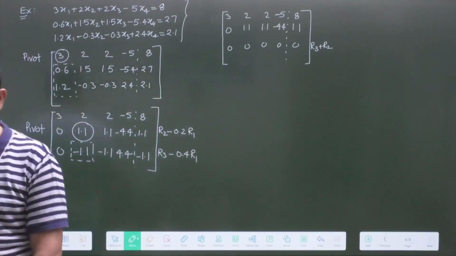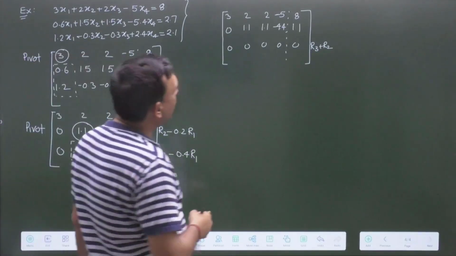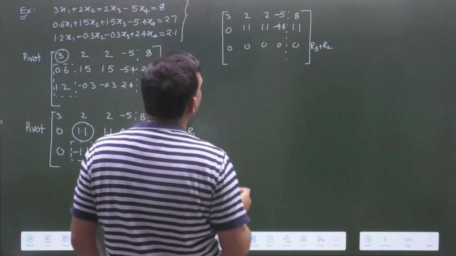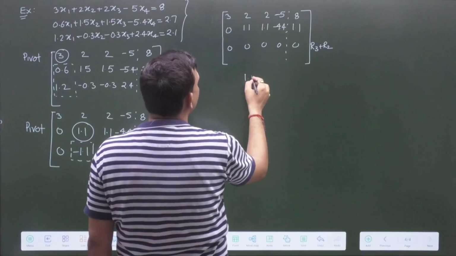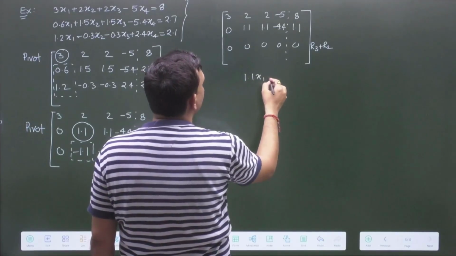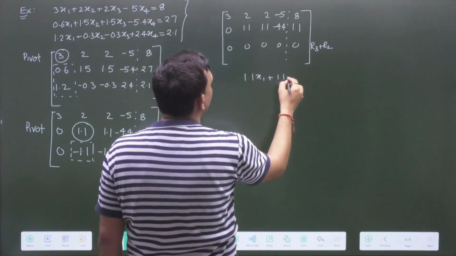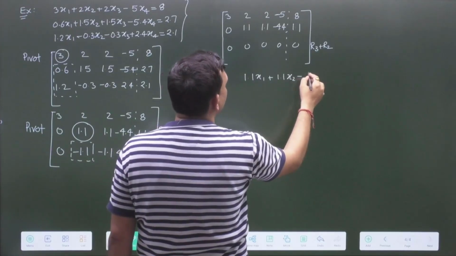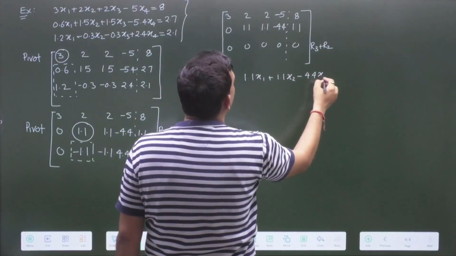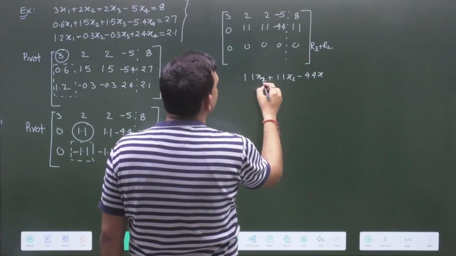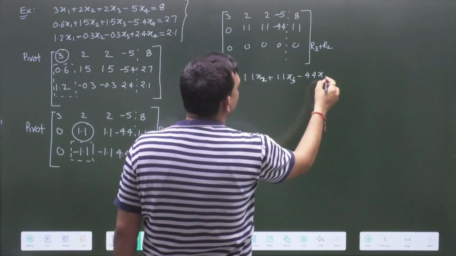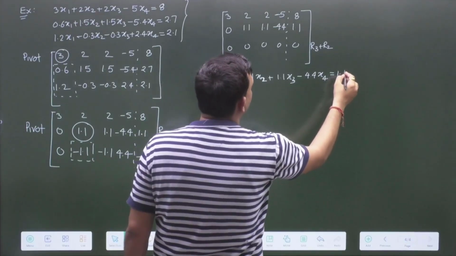Now you will get two equations and there are four unknowns. So from this relation you will get one equation is 1.1 x2 plus 1.1 x3 minus 4.4 x4, and that is 1.1.